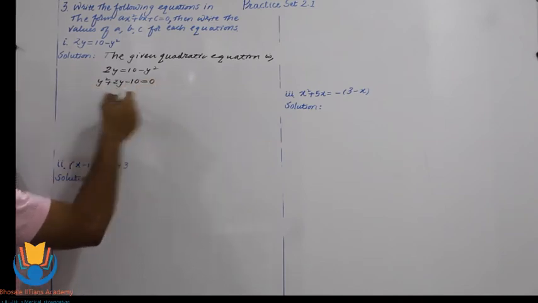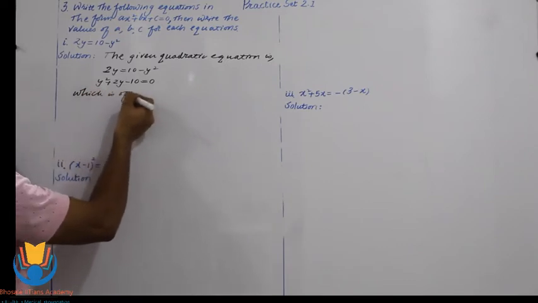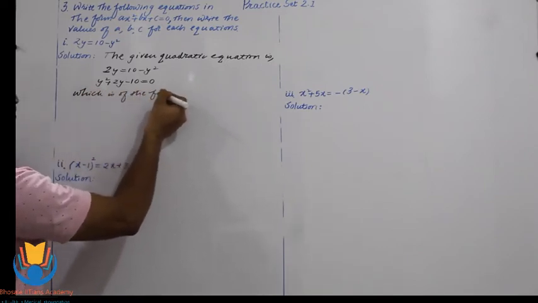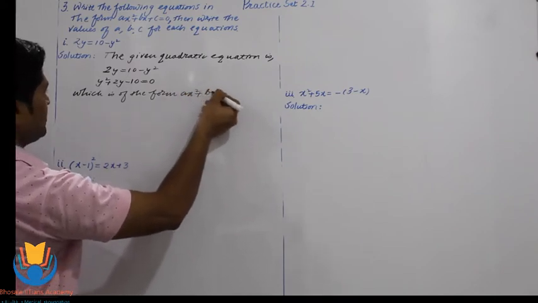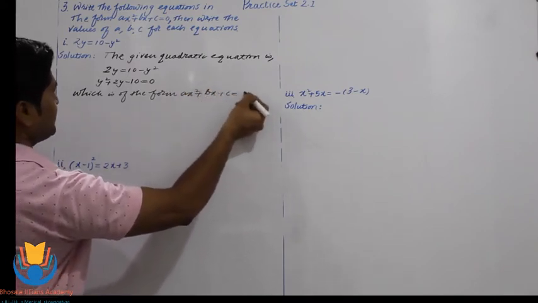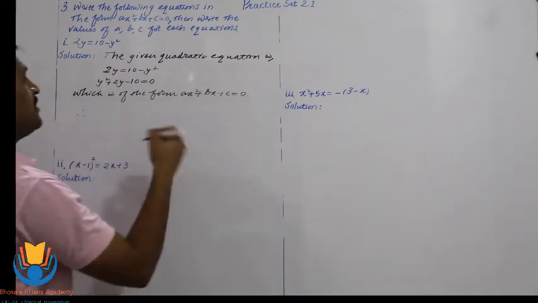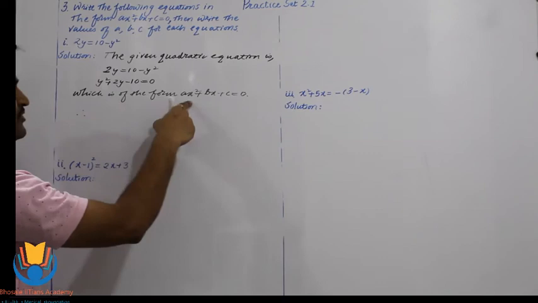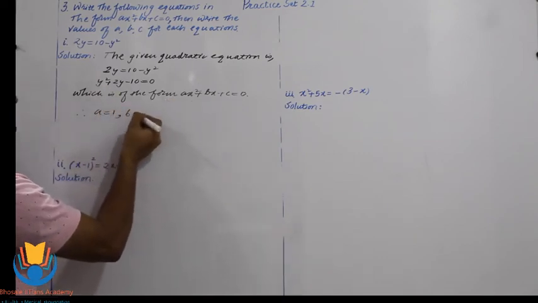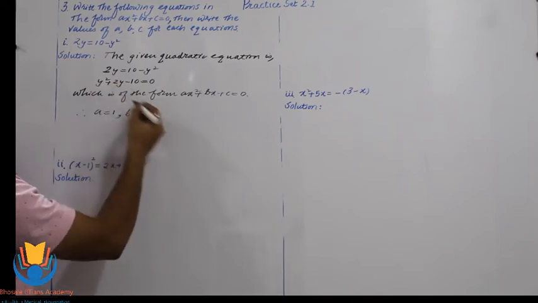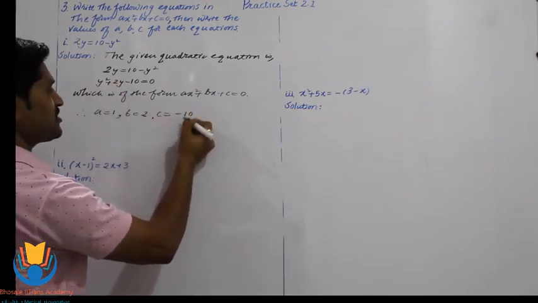So here we have to write something which is of the form ax square plus bx plus c is equal to 0. And then we have to write the values of a, b, c by comparing this equation with that equation. So here a is equal to 1, b is equal to 2, that is the coefficient of y, and the value of c is nothing but the constant term in this quadratic equation.